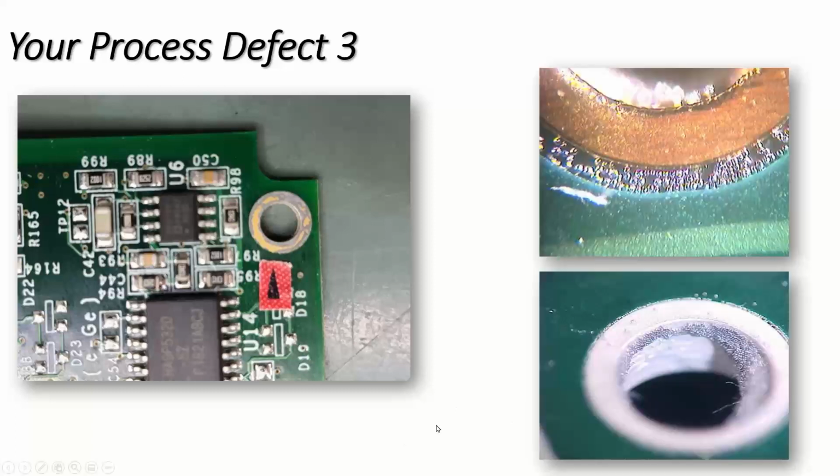Okay, so the most common reason is solder paste contamination. So I've just again gone to my library and picked up some examples. So the first one, top, is solder paste or solder particles which are trapped between the pad and the resist, so in the resist window.